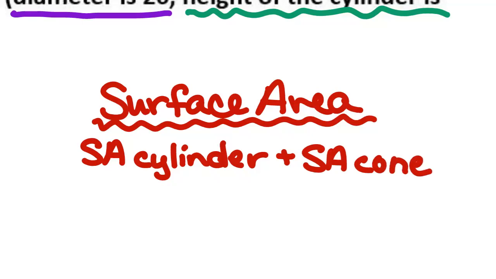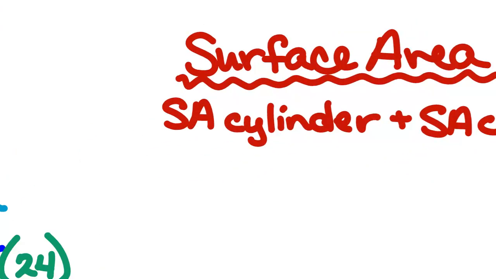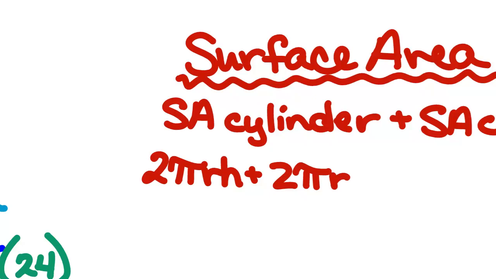What's my surface area formula for a cylinder? Two pi r times height plus 2 pi r squared.